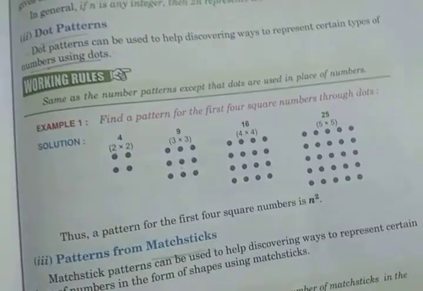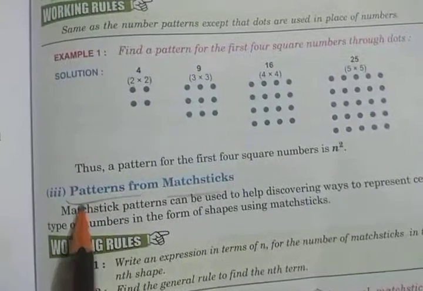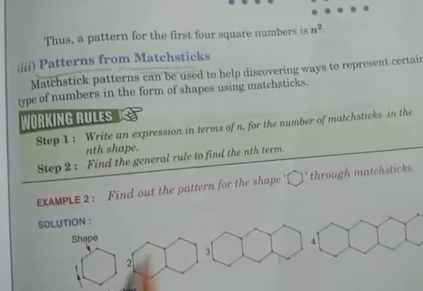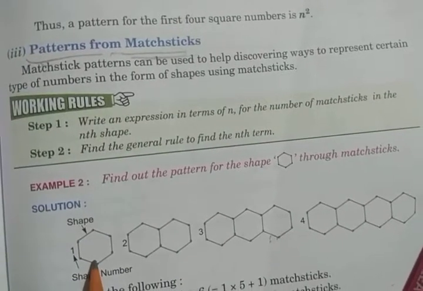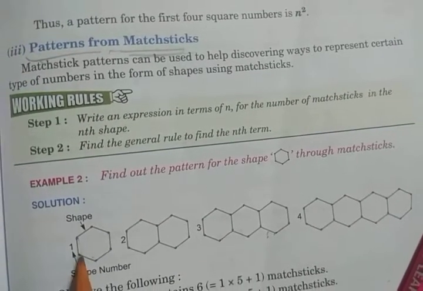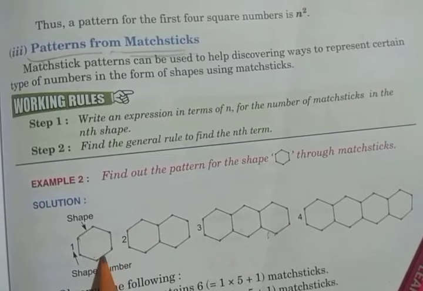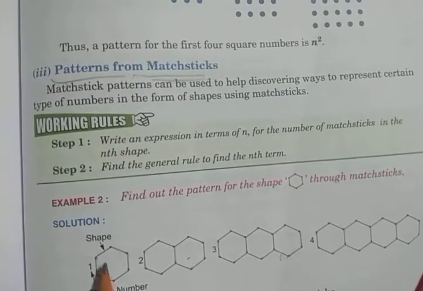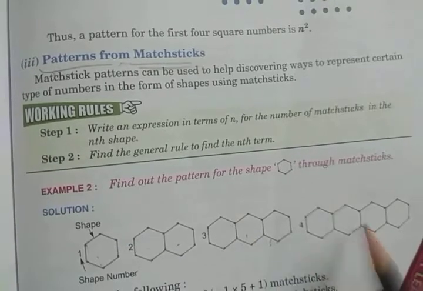Okay, and third, patterns from matchsticks. Matchsticks means you can see here 1 matchstick, 2, 3, 4, 5, 6. Okay, this is 1 shape, 2 shapes, 3 shapes and 4 shapes.